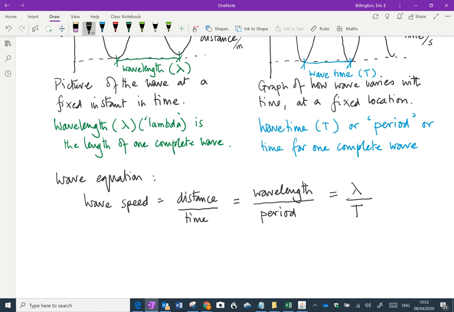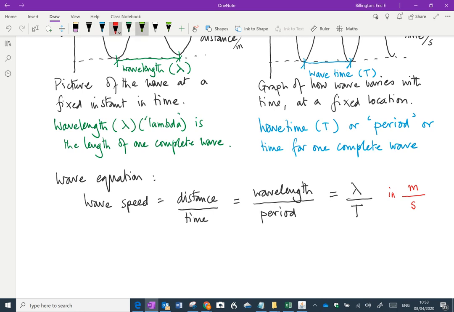Surely that's temperature. Well, I'm afraid it's also period. And we can check the units. What's wavelength measured in? Wavelength's measured in meters. What's period measured in? It's measured in seconds. What's speed measured in? It's measured in meters per second.